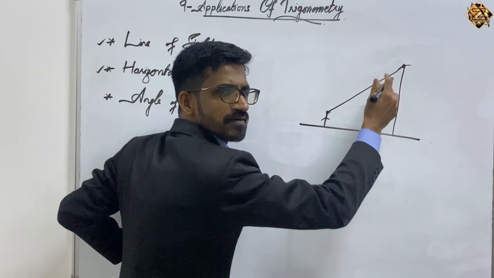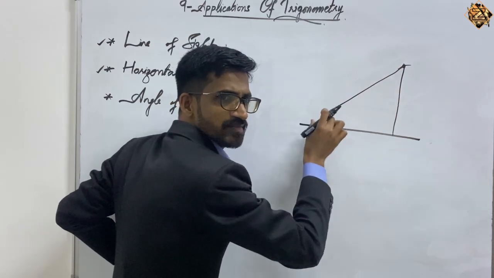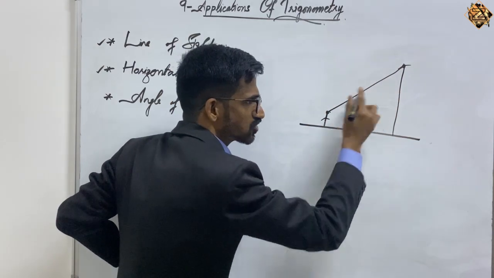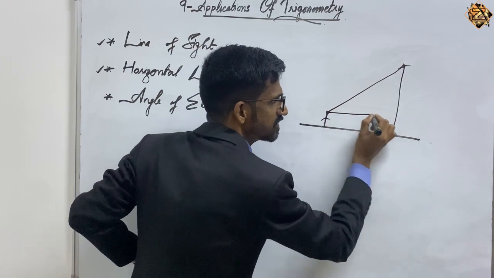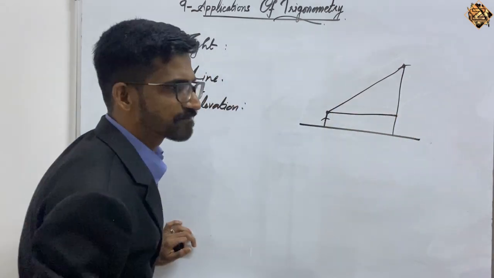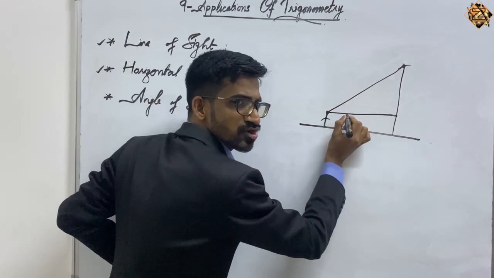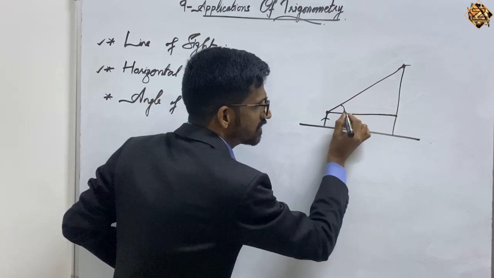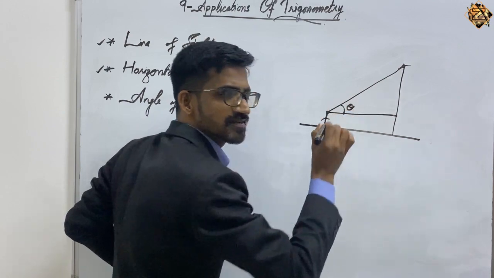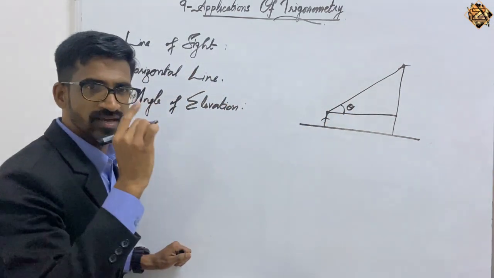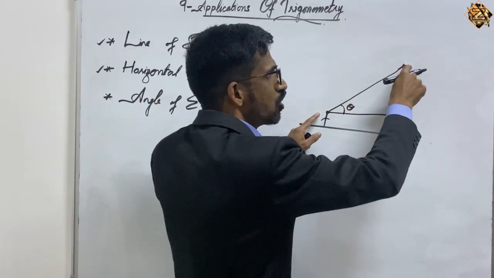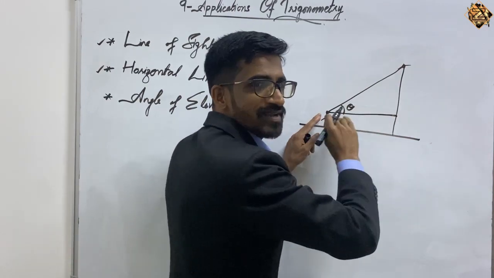This line drawn from the eye of the observer to the object is called a line of sight, and here is the horizontal line, isn't it? So the angle formed between the line of sight and the horizontal line, this angle is called the angle of elevation if the object is on the top of the horizontal line.